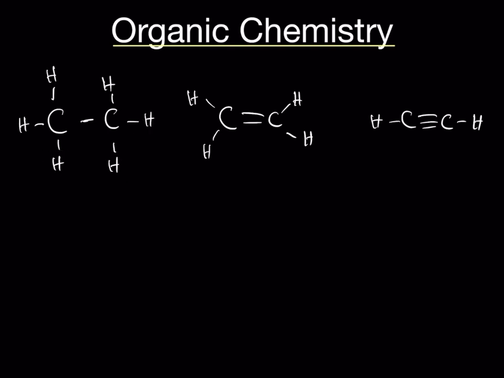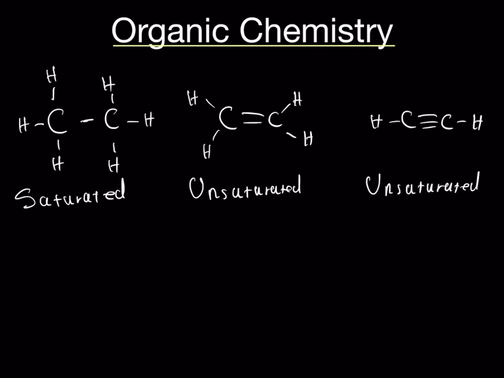So therefore, we call them saturated hydrocarbons because they have the maximum number of hydrogens, and so they are saturated with hydrogens. These 2 on the right, they are called unsaturated hydrocarbons because they have either double or triple bonds in between the carbons at least once, and that makes it so that you cannot have the max number of hydrogens because this one has 6 hydrogens, but this has 4 and this has 2.